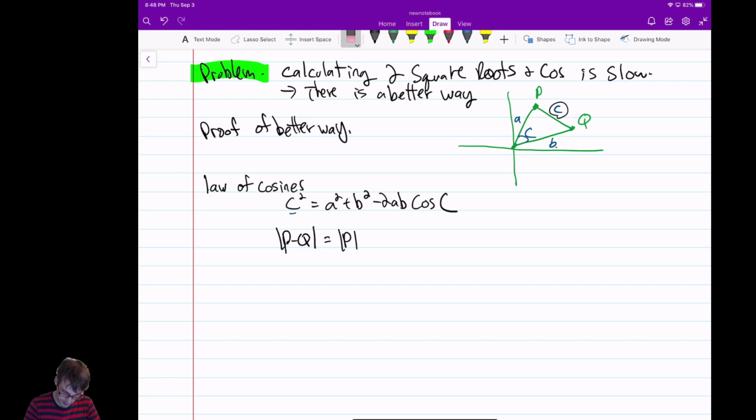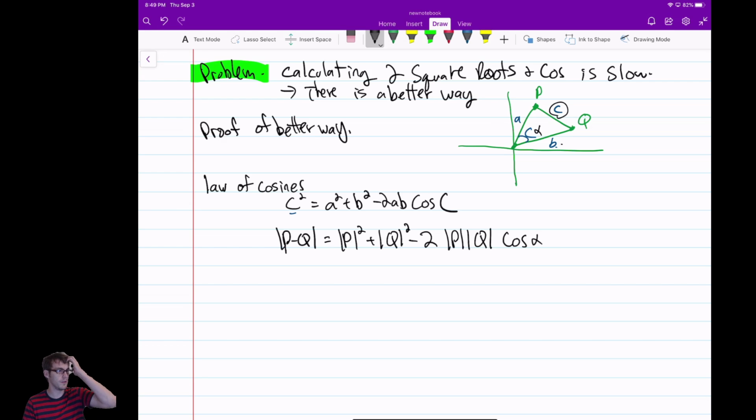So a squared is going to be the length of P squared. And then b is this one down here, so that's the length of Q squared, minus 2ab again. A is the length of P, b is the length of Q, times cos, and C in here I'm going to call my alpha.